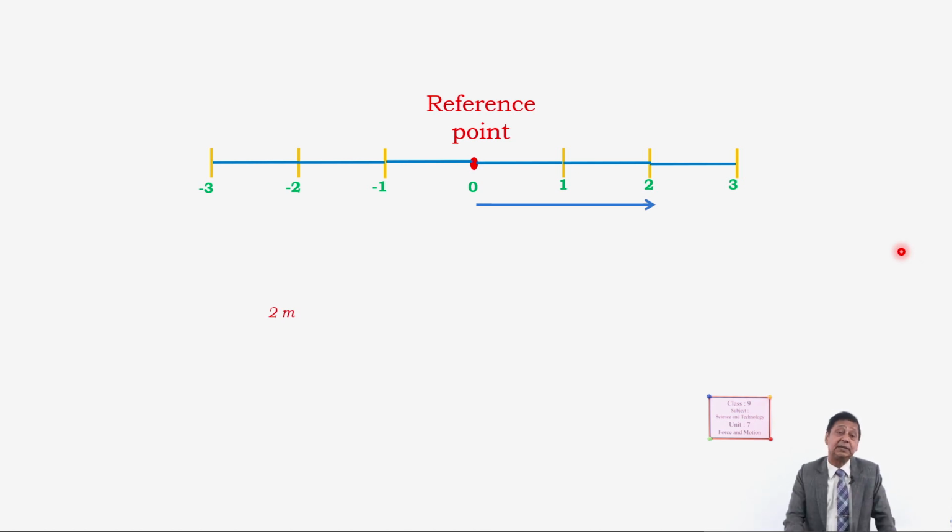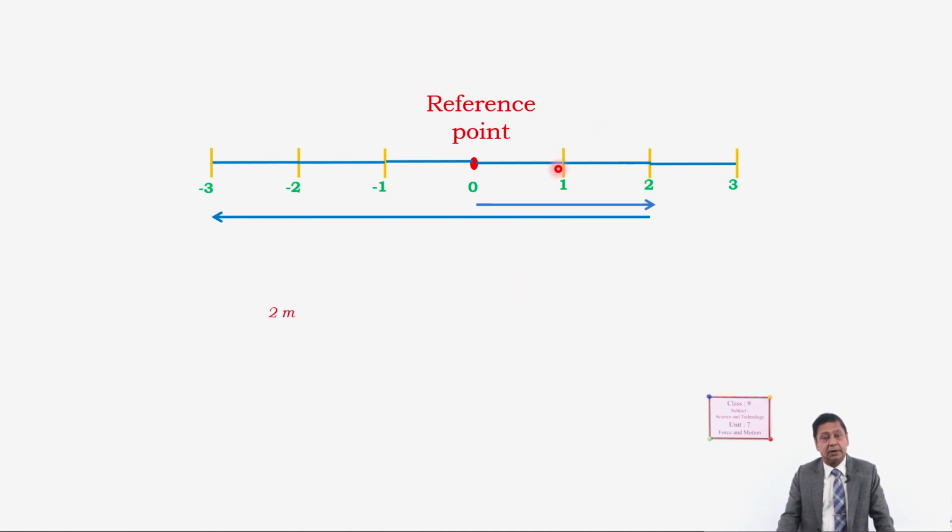But after reaching point 2, if it returns back and moves towards the left hand side, let's say it goes to the -3 mark, then how much distance did it cover? 1 meter, 2 meter, 3 meter, 4 meter and 5 meter distance is now covered towards the left hand side. So what can I say? The total distance covered is 2 meter plus 5 meter, which is 7 meter. Now the length of the path covered by the body is 7 meter till now.